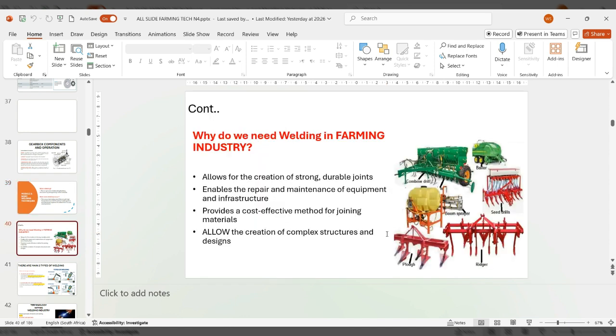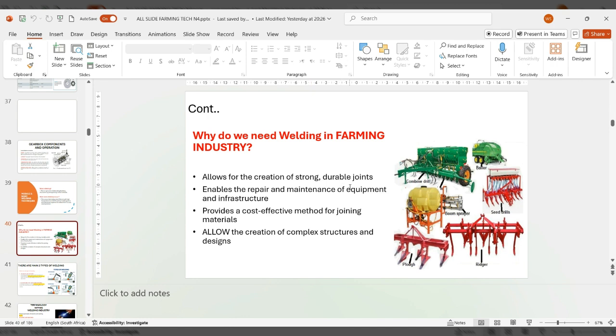Why do we need to weld as farmers, or why is it important to learn about welding? From welding, we are able to create strong joints that are durable as well.